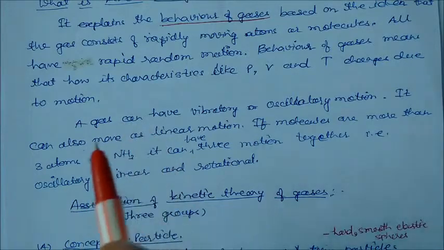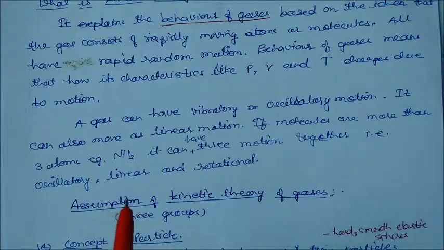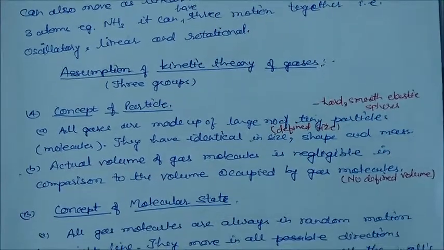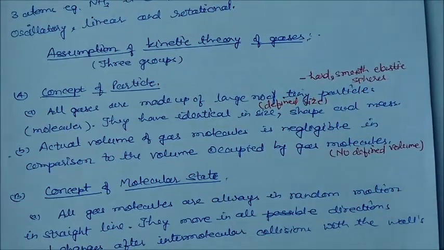There are many scientists who gave these assumptions. So let us see what those assumptions given by scientists are. These are called the assumptions of kinetic theory of gases. Here I have divided this theory into 3 different groups for understanding.